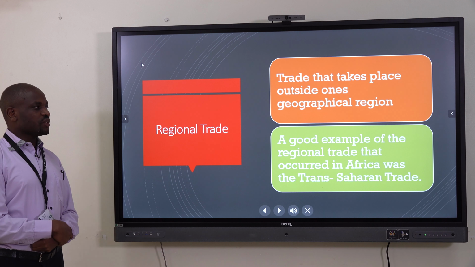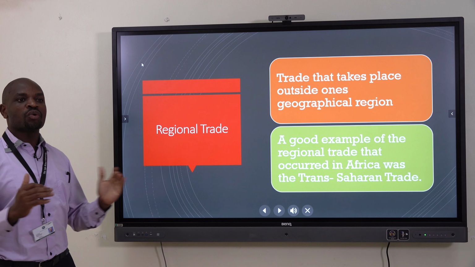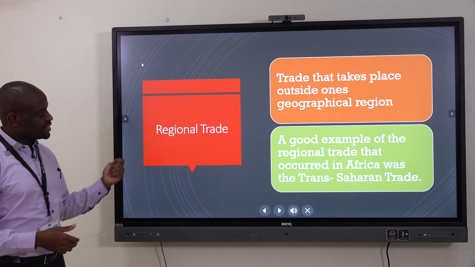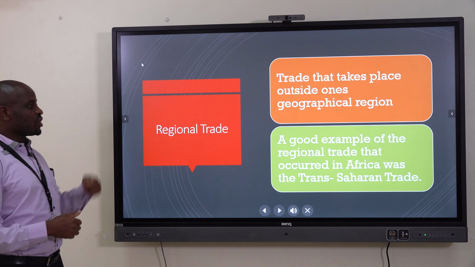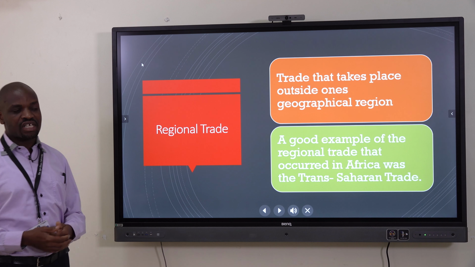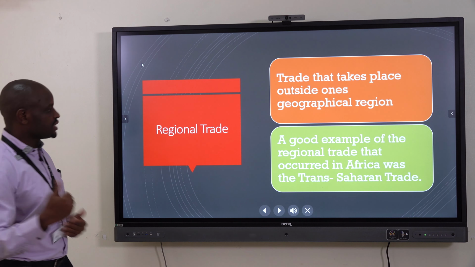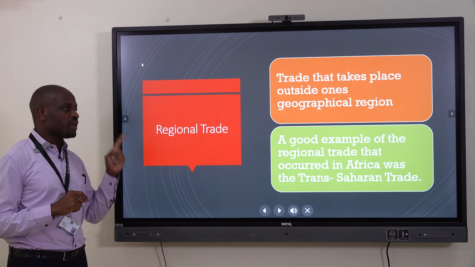Now, when we mention regional trade, we are going outside our geographical regions. For example, we have a trade that takes place outside one's geographical region. We know very well Africa as a continent is divided into several regions. So when you find a given region trading with another region, that is what we call in history regional trade.